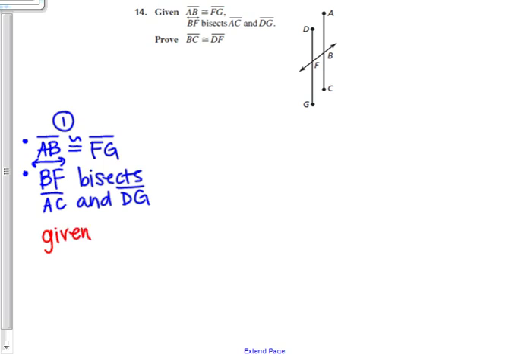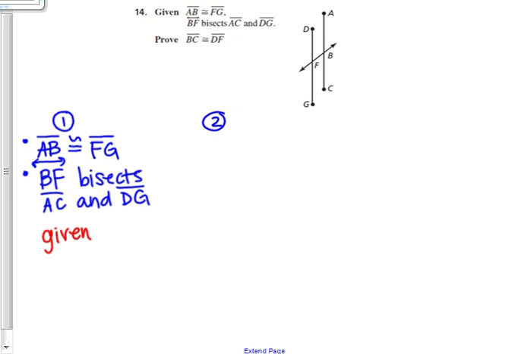All right, so step 2 over here. I'm going to start by saying something about segment AC. So taking this step by step, I know that BF, line BF, is a segment bisector because it bisects segment AC. Well, in order for something to be a segment bisector, it has to hit a segment right at its midpoint.